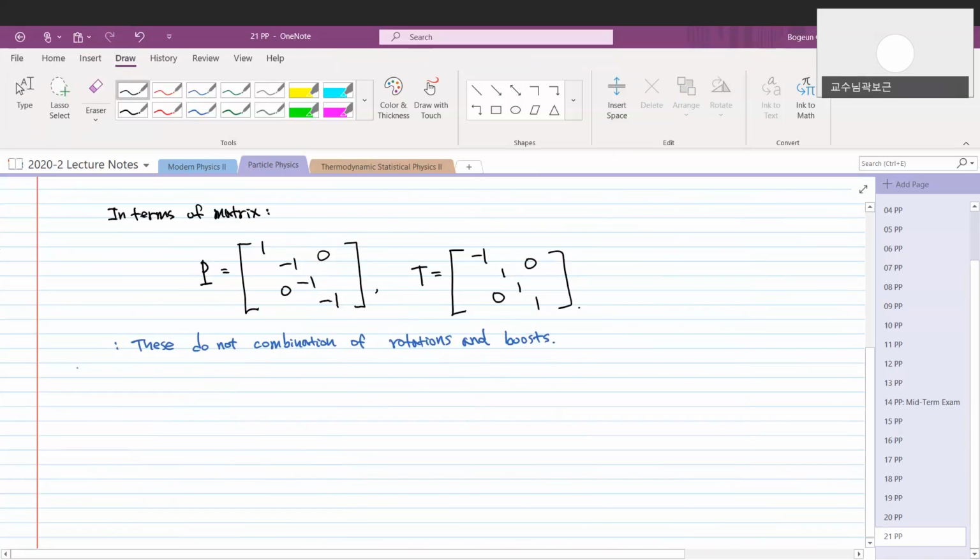So this is a discrete transformation, and then I introduce that there are three kinds of vectors. We can categorize them.